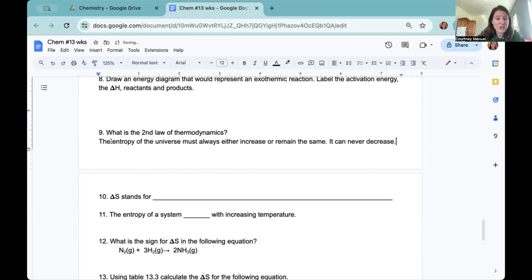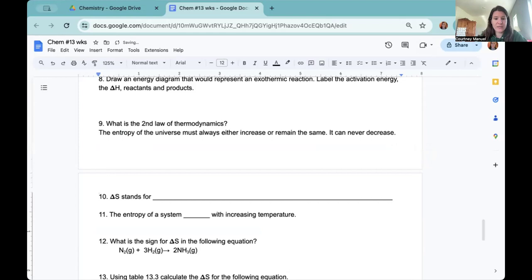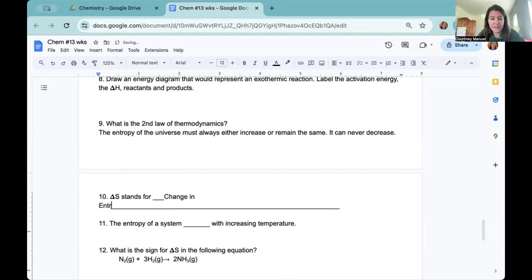Entropy is disorder, chaos, messiness, not organization. It's the opposite of that. So what it's saying is that the universe has to continue to get more and more disordered, more and more chaotic, unless there is energy being put into it.